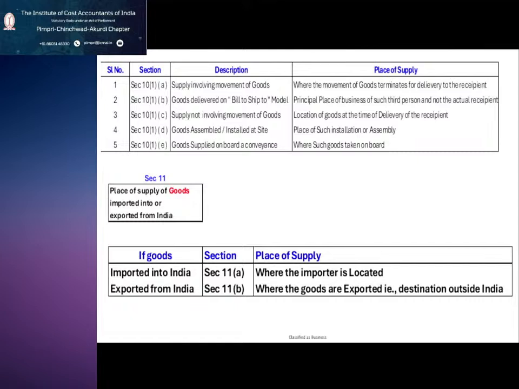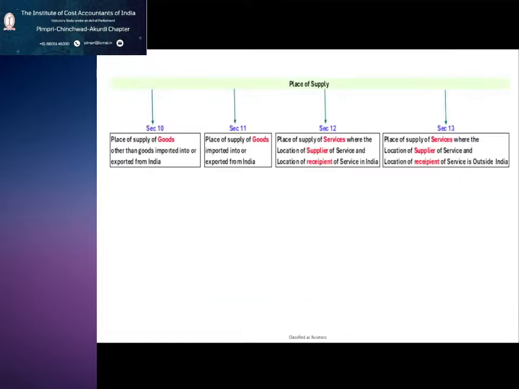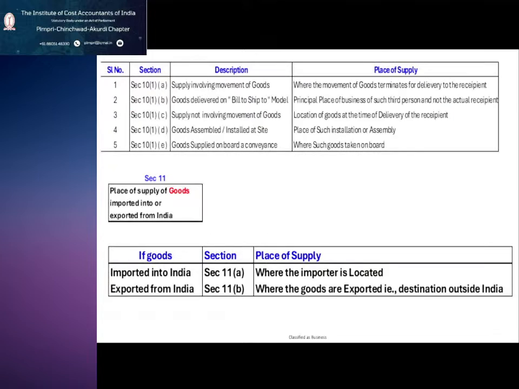And section 11. Under section 11 we have discussed the goods imported into or exported from India. In section 11 we again have 2 subsections, A and B. A is about where the importer is located, and B is about where the goods are exported, that is, a destination outside India.